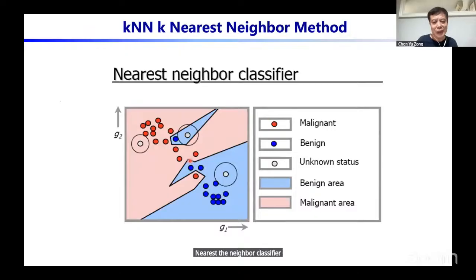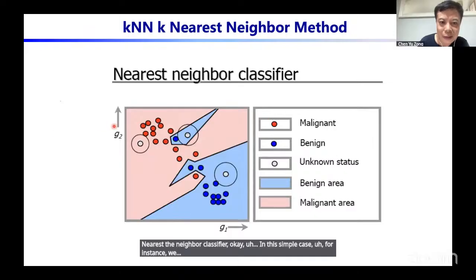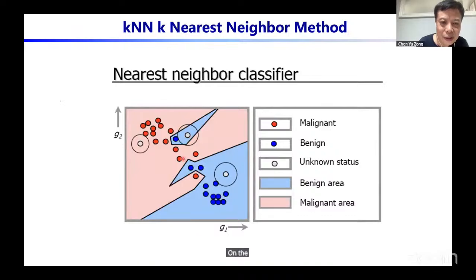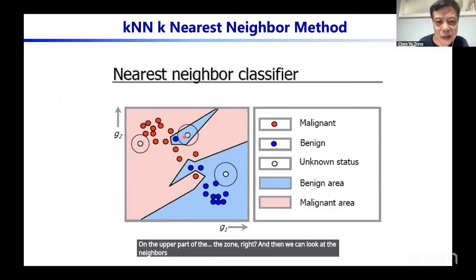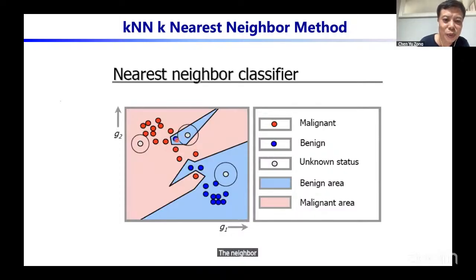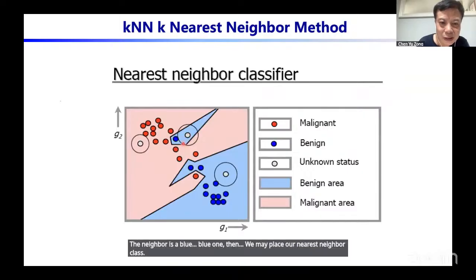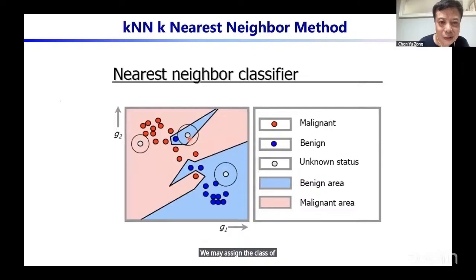Okay. In this simple case, we look at an unknown sample, the white dot on the upper part of the zone. Then we look at the neighbors, and unfortunately, the nearest neighbor is a blue one. Based on the nearest neighbor classifier, we assign the class of this white dot with the color of the nearest dot.